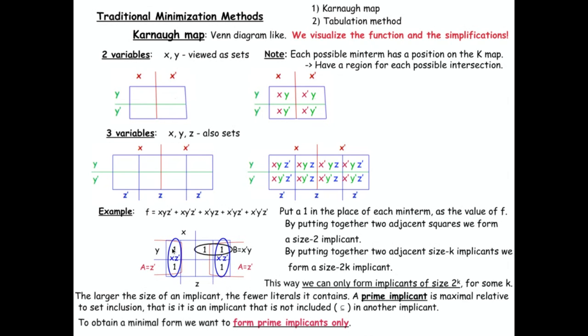Once the 2 blue ones were subsumed by the big red one, A, we forget about them. They're not going to be part of the formula. We want prime implicants only. Questions about that? Here, in this example, A and B are the only prime implicants.